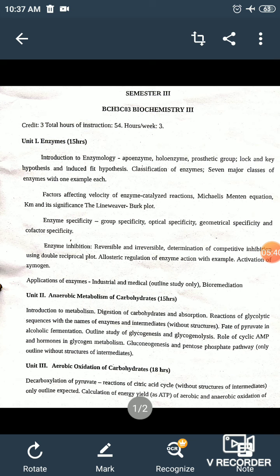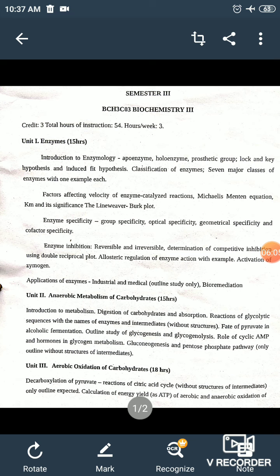We have come across the glycolytic pathway in earlier classes. So you might be very familiar with glycolysis, which is a very important metabolic pathway for every cell. So that is all about glycolysis.